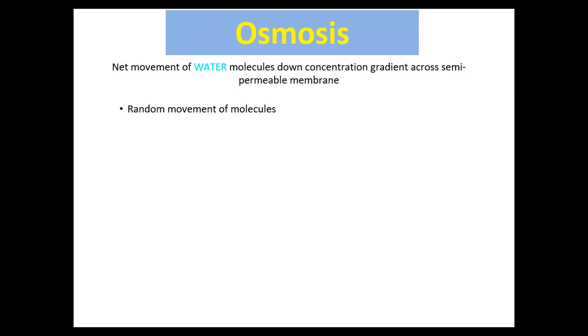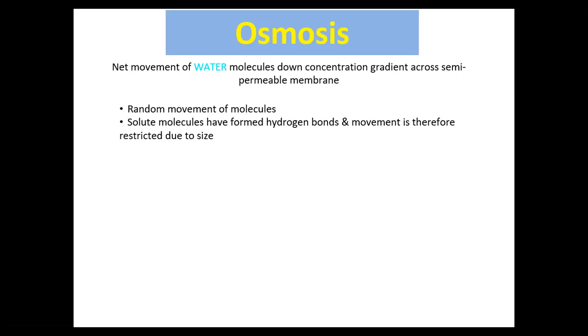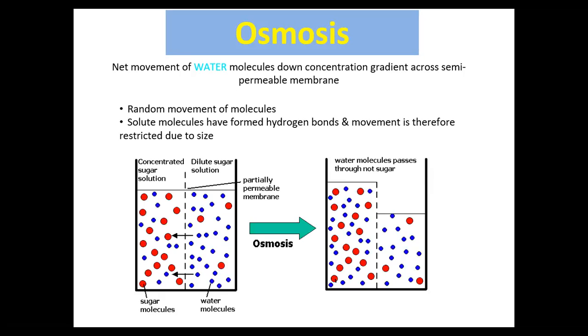It doesn't matter which way. So again, key points, it's the random movement of molecules. Solute molecules have formed hydrogen bonds and movement is therefore restricted due to their size. So this is why it's the movement of the water and not the movement of the solute.